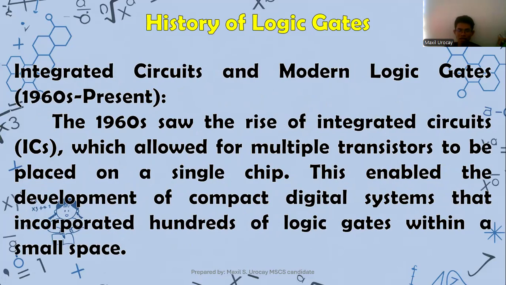So imagine that in that year, microprocessors were being introduced already, as they contain thousands of logic gates in a single chip. So that innovation really became the foundation of the modern computer, as I have stated.